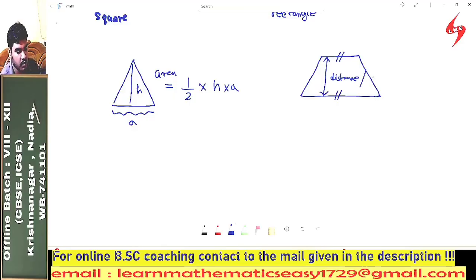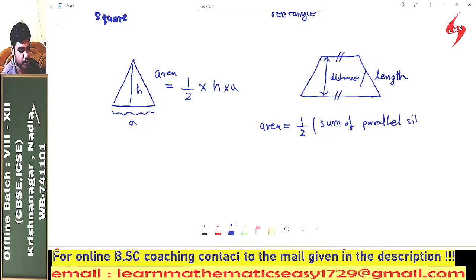It is also called the length of the trapezium. So the area is half into the sum of the lengths of the parallel sides multiplied by the distance between them, that means the length.